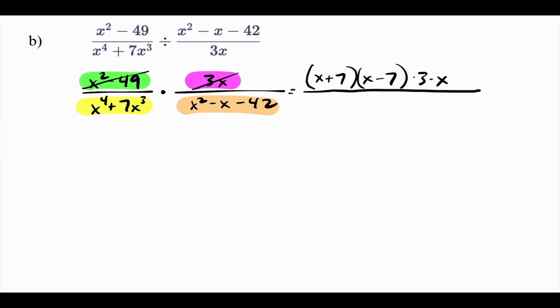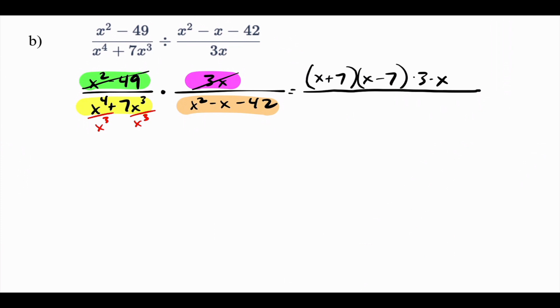Yellow, x to the 4th plus 7x to the 3rd. Binomial again, so I got to factor. This binomial has a GCF. What is the GCF going to be for the yellow? What's the biggest thing they share? X to the 3rd. Here's the thing with GCFs.